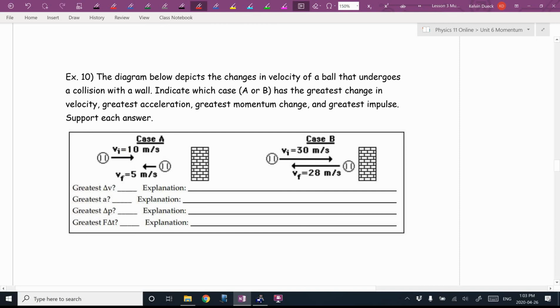What's my change in velocity here? Well, if I let to the right be positive and to the left be negative, and I use that change in anything is final minus initial.